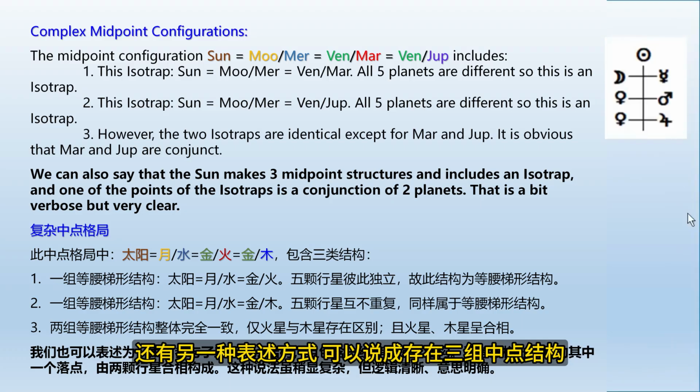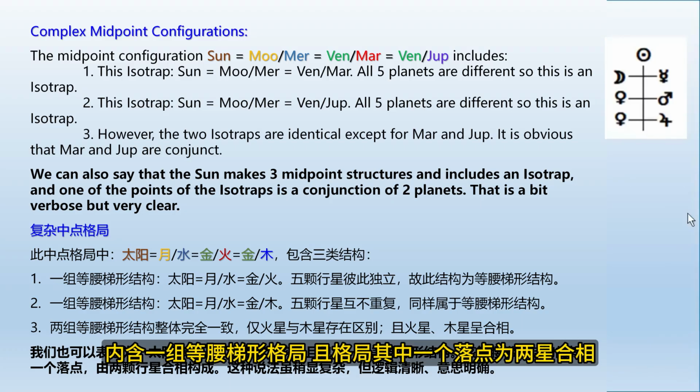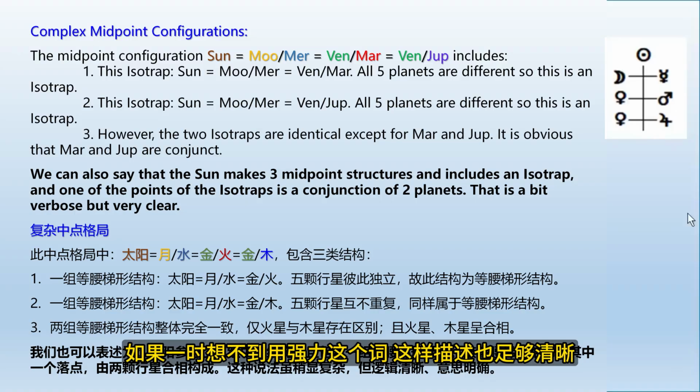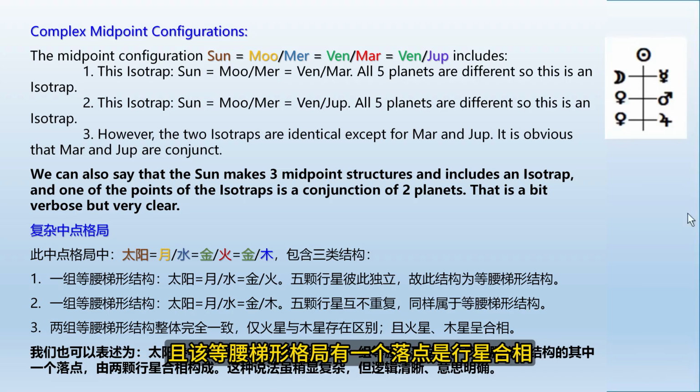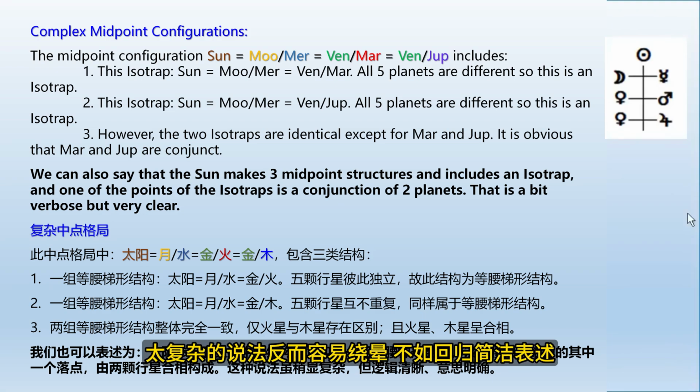Another way to say it, we could say there are three midpoint structures, includes an isotrap, and one of the points of the isotrap is a conjunction of two planets. Whew! So if you don't think of using the word power, this is still very descriptive, but it's a lot, and you start getting lost.